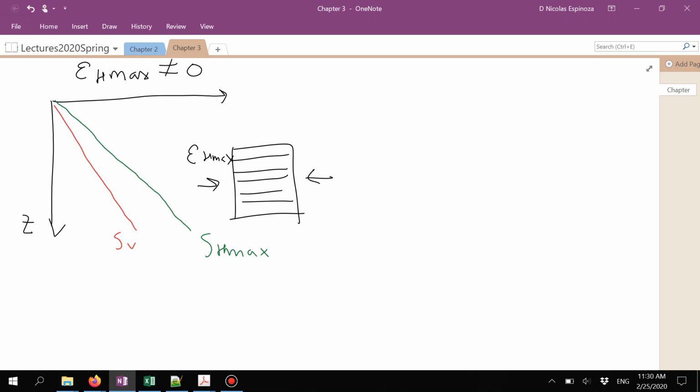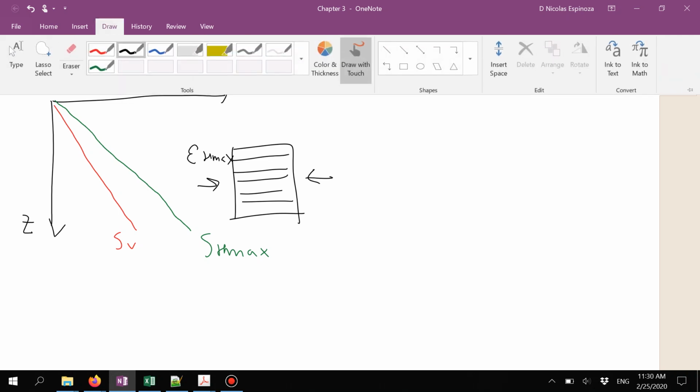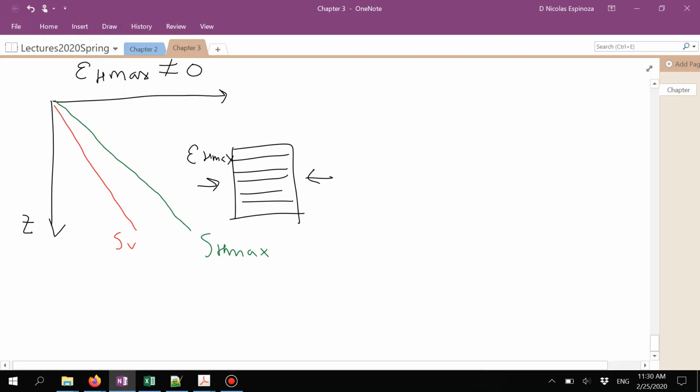If this is a viscoelastic material, with time this horizontal stress will tend to decrease, because real rocks are going to release some of that stress.